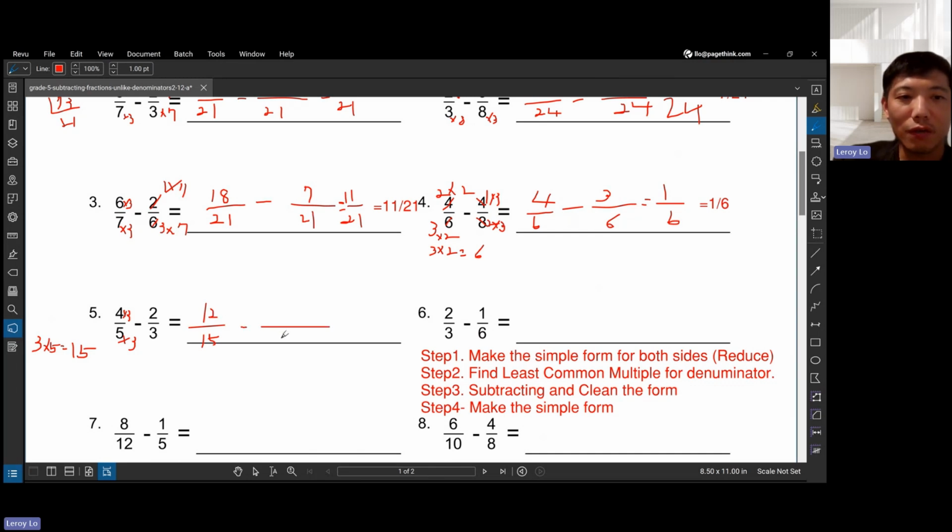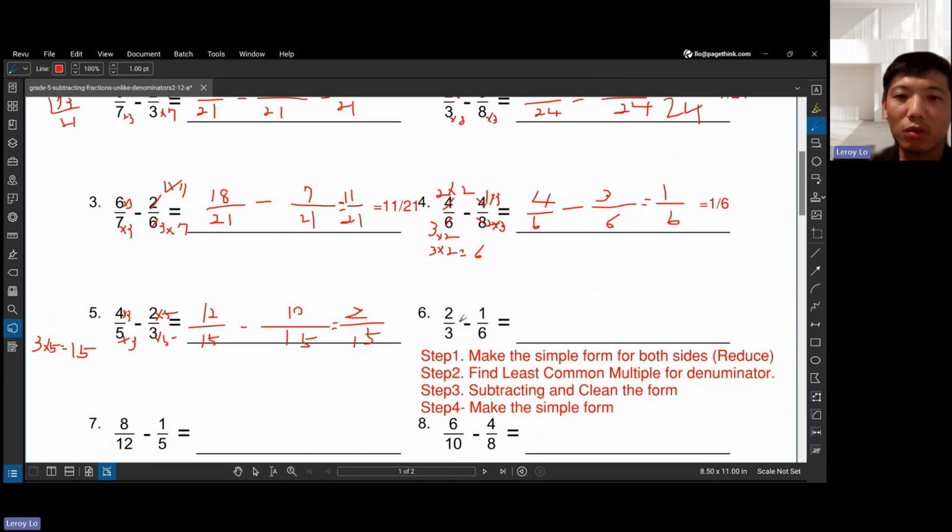So 3 also needs to get to 15. So 3 times 5 gives you 15. So the top one, 2 also needs to times 5 to give you 10. So 12 minus 10 will be 2. So 2 over 15.